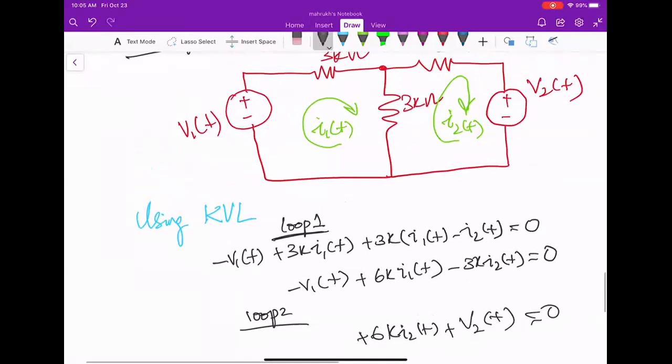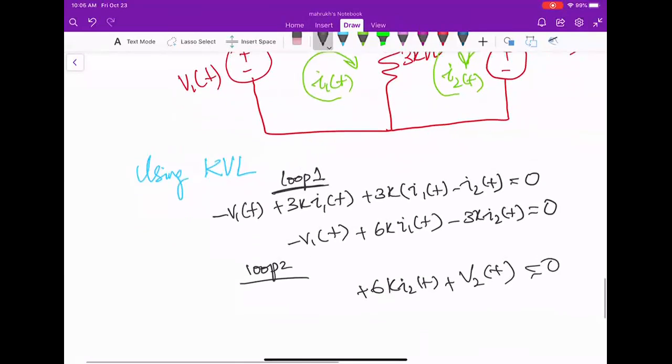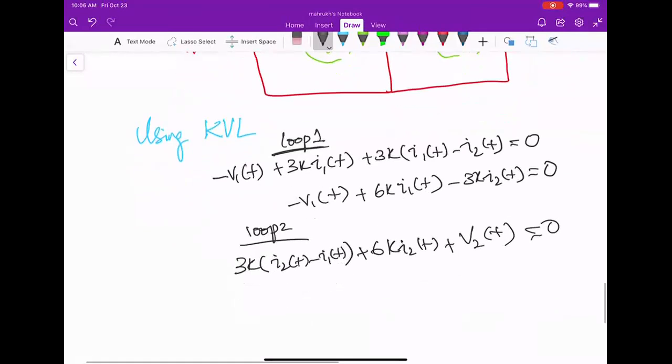I should do 3k I2 of t minus 3k I1 of t. So it should be 3k times I2 of t minus I1 of t. Okay. So it will become 9k I2 of t minus 3k I1 of t is equal to minus V2 of t.